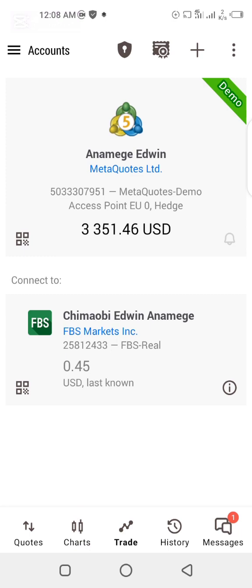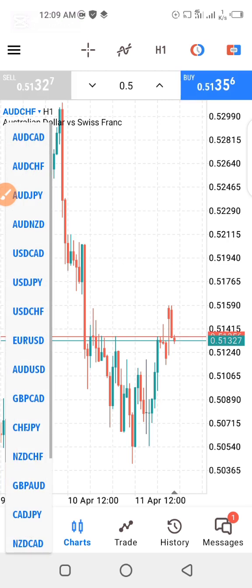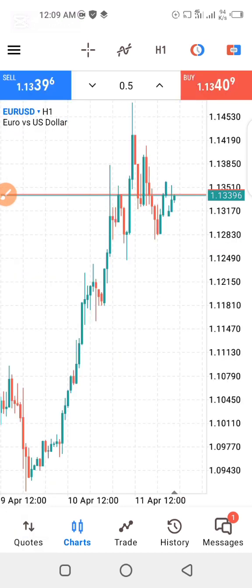Like I said, here is the chart area, so just click on it. Now, back to what we did before we moved into this MT5. Let me get that EUR/USD as the example that we are using.